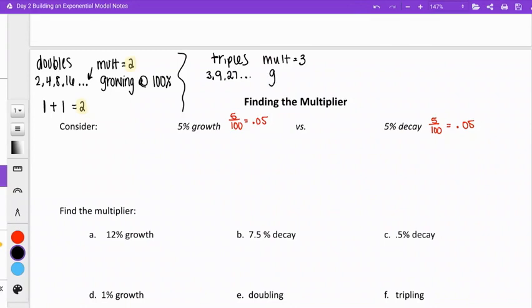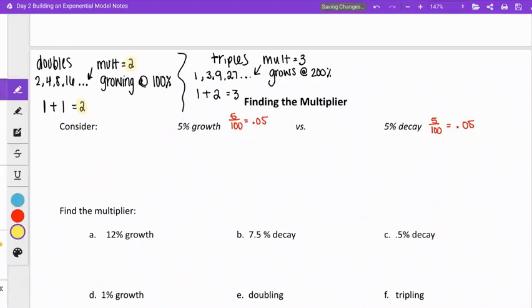Well, we actually would say that this grows at 200%, right? And here's the prime example of that. If you start with the number 1 and you grow at a rate of 200%, 1 plus 2 gives you 3. So there you have it. You are multiplying by 3 every time.